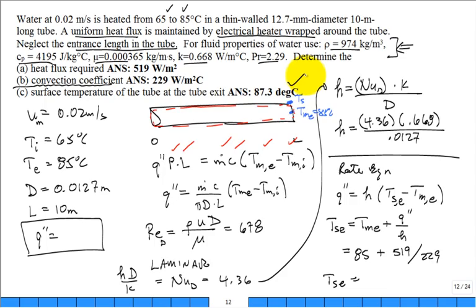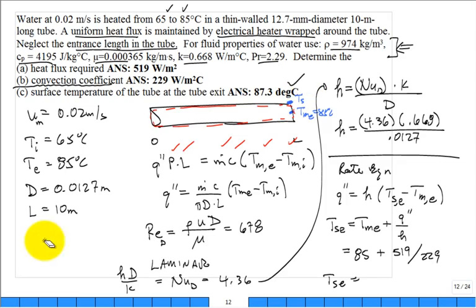Oh, how do I find mass flow rate? Yeah, that's right. So the mass flow rate is rho, the fluid speed coming in, cross-sectional area.